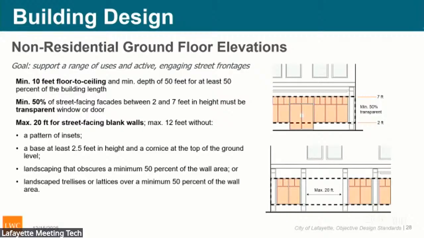And then because we're looking at mixed use, we looked at how do we ensure that the non-residential component of mixed use buildings encourages an active street frontage and an inviting pedestrian environment. So we introduced standards for transparency and limits on blank walls for all street facing elevations.